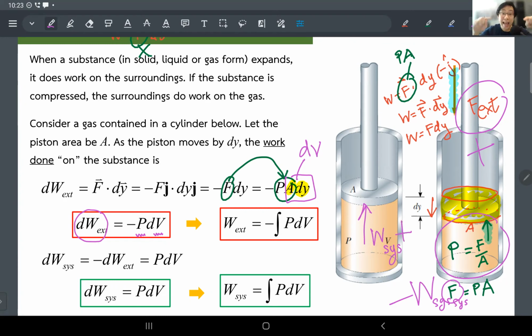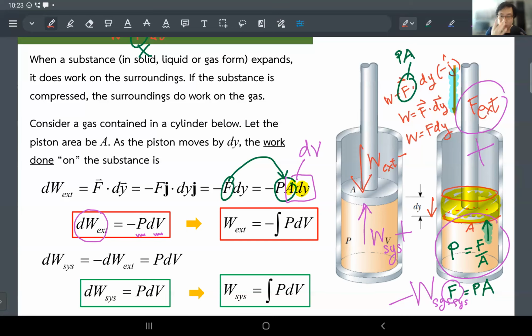But from the perspective of the external force, the external force does negative work because it's being pushed back. So in conclusion, external and system always have opposite signs of work. That's the first key thing. There are always opposites.